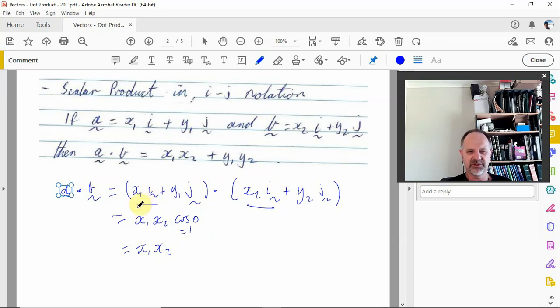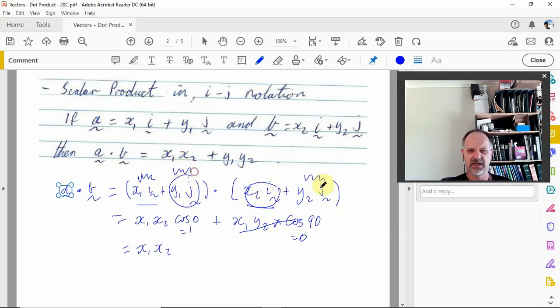And then if I was to do x1 I with y2 j, then what you have there is x1 y2 times cos of the angle between I and j. Now by definition I and j are at 90 degrees to each other, so that's cos 90, which of course is 0, so that bit cancels out, and it's the same if I was to multiply those two.